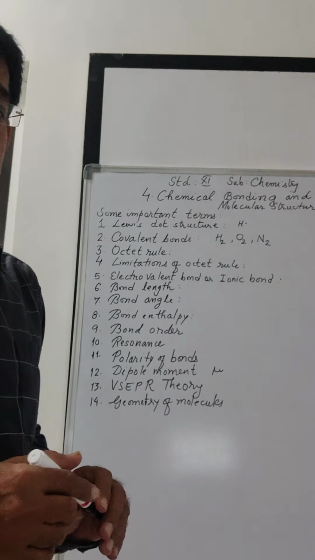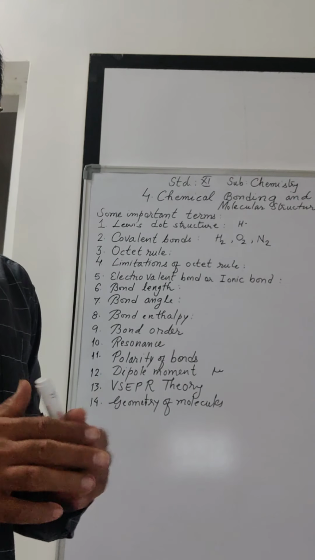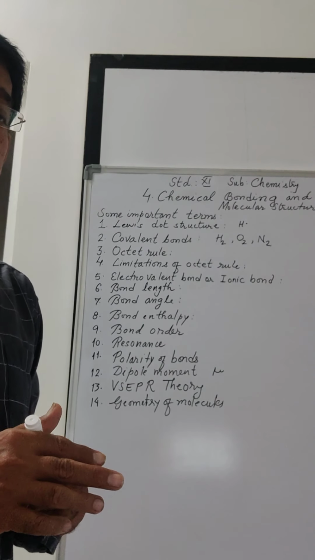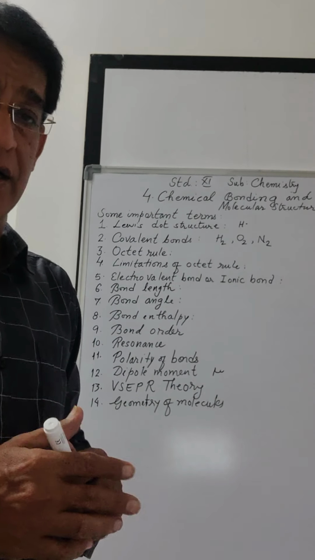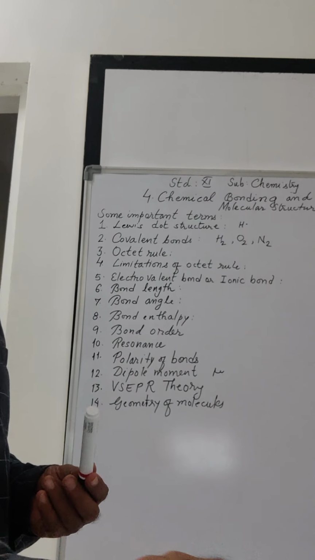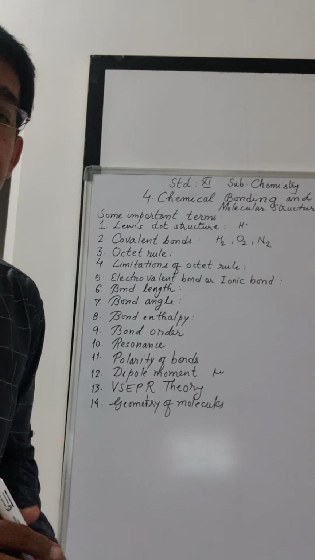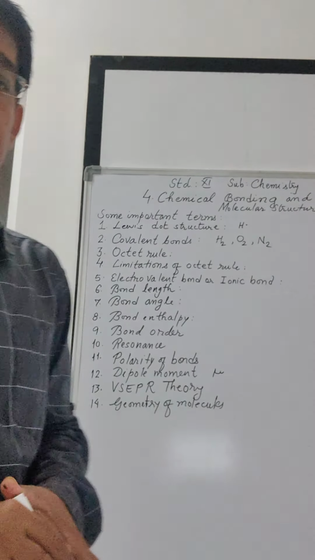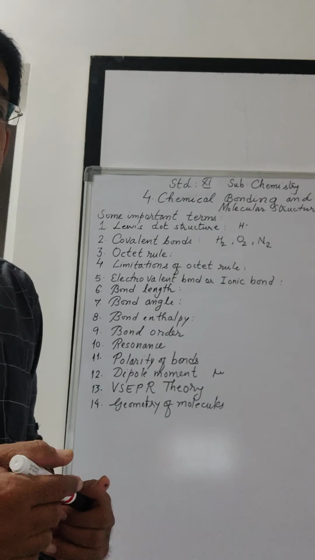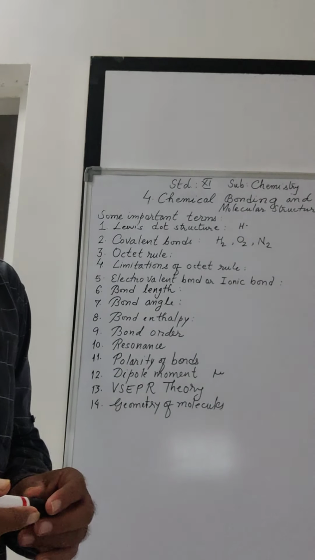Pairs of electrons in the valence shell repel one another since their electron clouds are negatively charged. These pairs of electrons tend to occupy such positions in space that minimize repulsion and thus maximize distance between them.